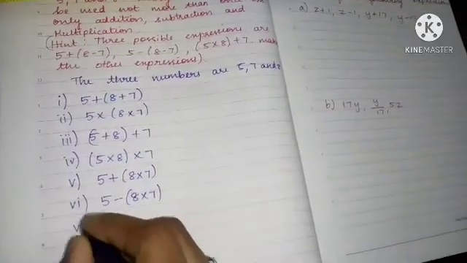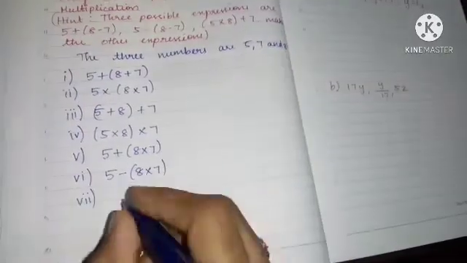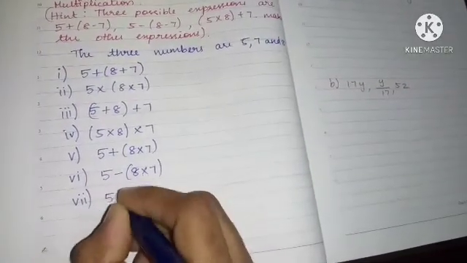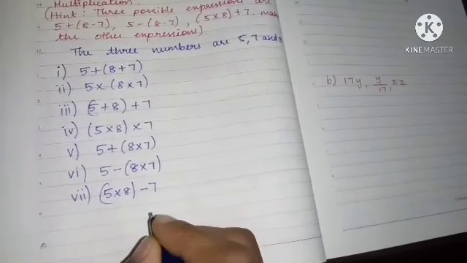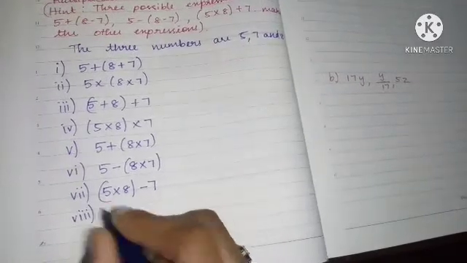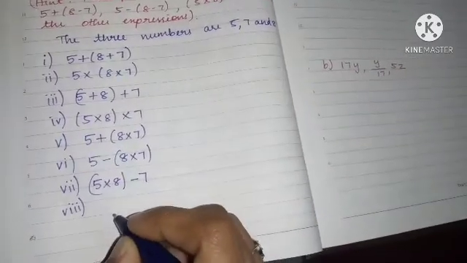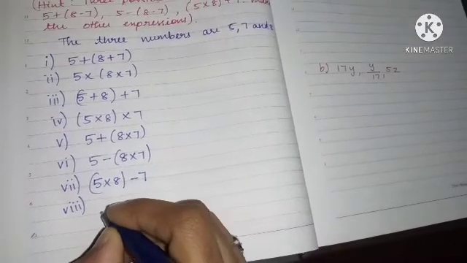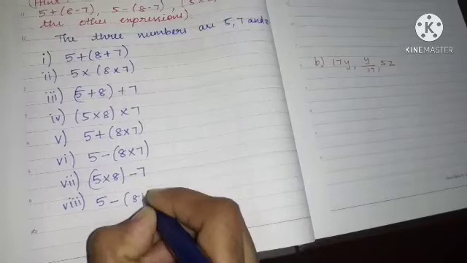You can make many things, but I am giving you only a few. 5 into 7 minus 7. The 7th one I have made. 8th one, 5 minus 8 plus 7.